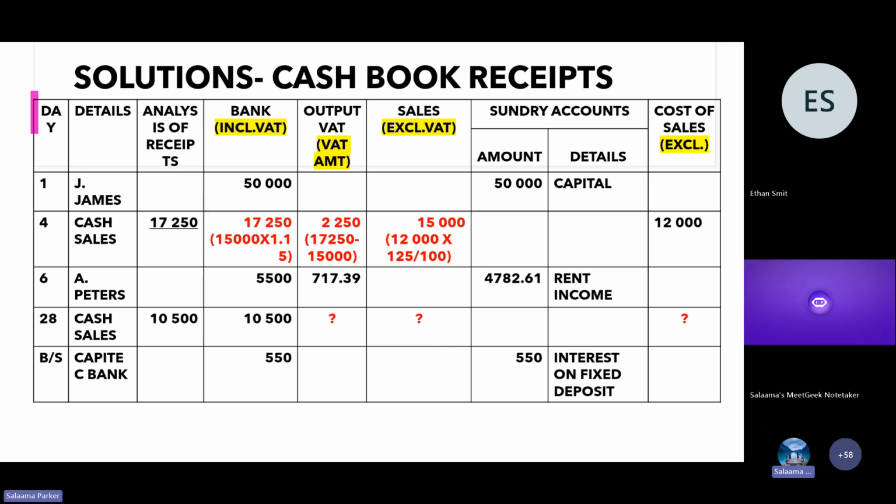But here we were given the cost of sales, so now we had to calculate the exclusive VAT amount. Again, what you want divided by what you have.